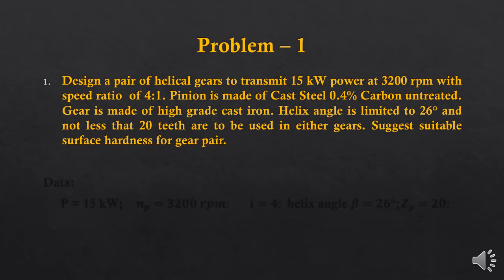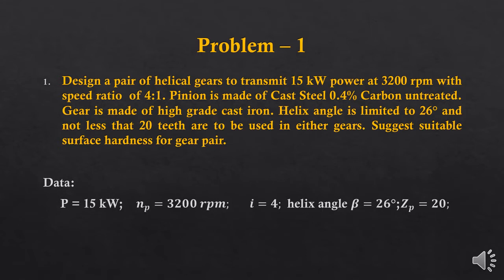So we need to design a pair of helical gears, and the data that we have is power to be transmitted is 15 kilowatt. The speed of the pinion gear is 3200 rpm, and speed ratio or the gear ratio is 4:1. Therefore i will be equal to 4.